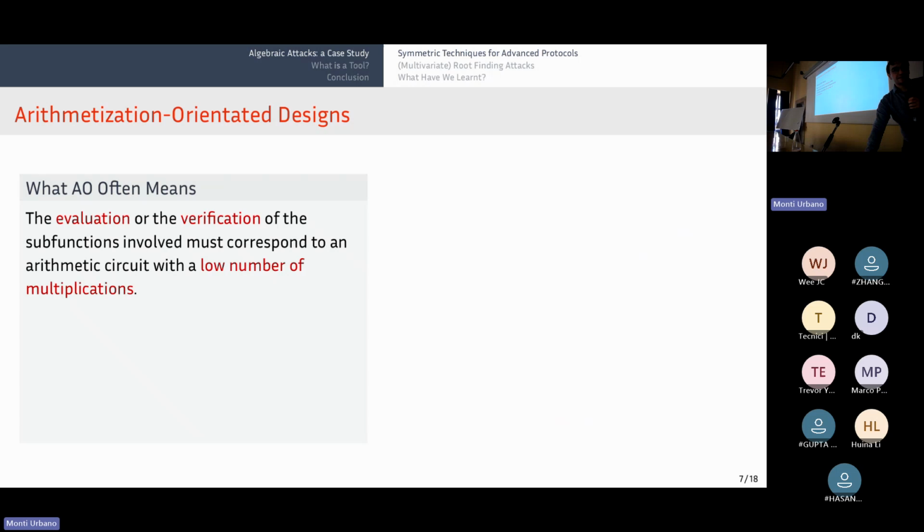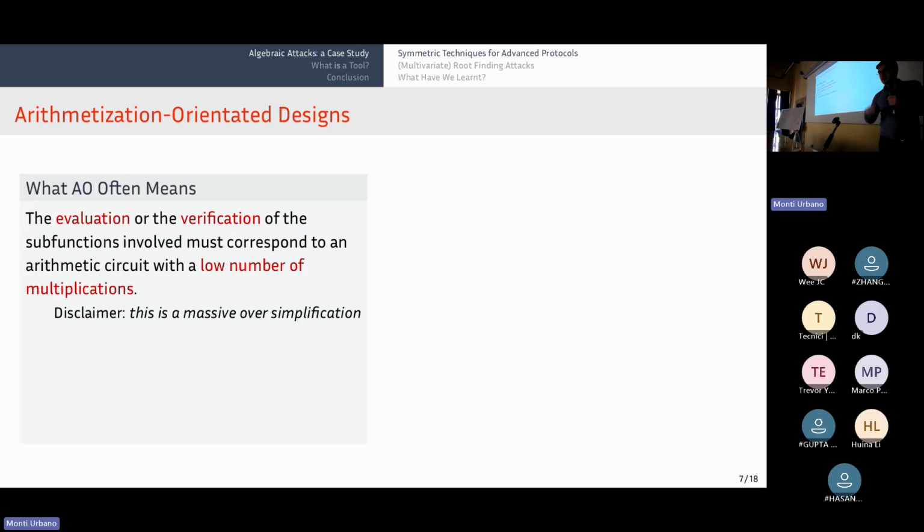So now that I have set the stage of the context, let's have a look at the symmetric primitives that are intended to play well with these schemes. Often, in order for these arithmetizations to be considered efficient, they need to have a low number of multiplications, be it in the evaluation or the verification.